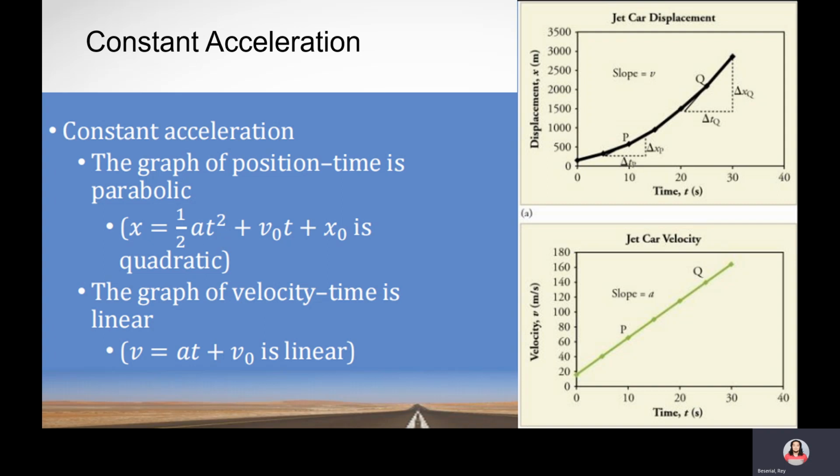And then, if yung ating graph of velocity time is linear or straight line, yung ating formula para sa velocity is AT or acceleration times time plus initial velocity, which is linear. Kaya straight line.